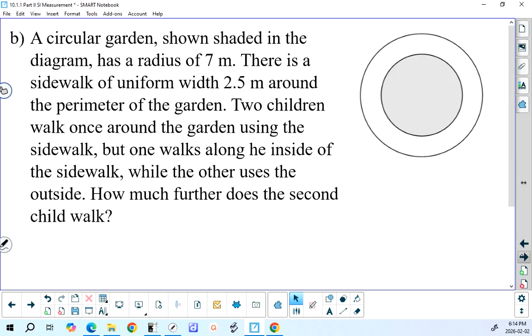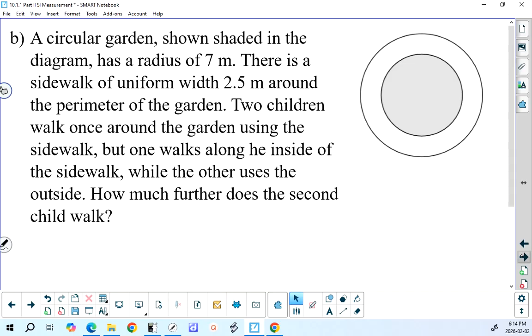A circular garden is shaded in the diagram, and it has a radius of 7 meters. There's a sidewalk that is 2.5 meters in width all the way around. One child walks around the garden using the sidewalk, but one walks on the inside and one walks on the outside. A little bit of a typing mistake there.